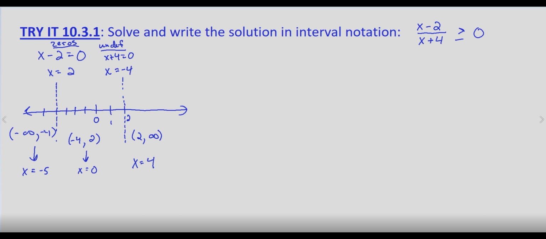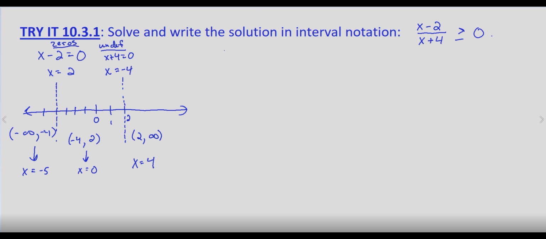Then we'll test those points in our rational expression. I like to substitute into my rational expression and determine whether it is positive, negative, or 0, because that's ultimately what we want to answer with any inequality, to determine which intervals satisfy the inequality we're given.